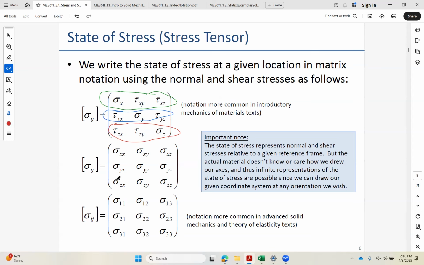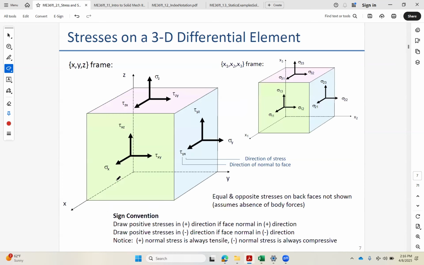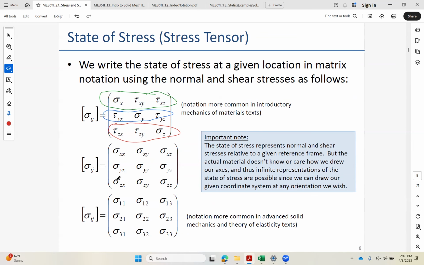So the diagonals are going to be our normal stresses, and then the shears are going to be the off-diagonal values. And each row is one of those faces that we looked at on the previous page. So the green face and the blue face and the red face. All right. If we write it in the index type notation with 1, 2, and 3 taking the place of X, Y, and Z, same story.